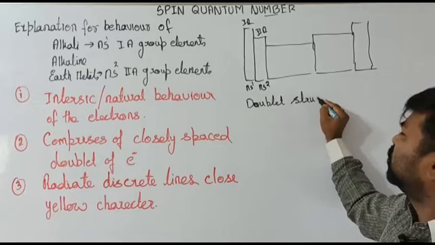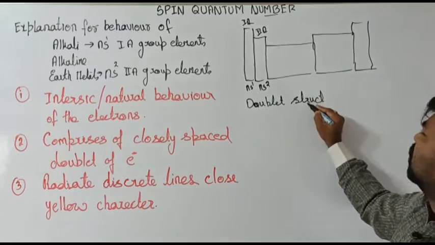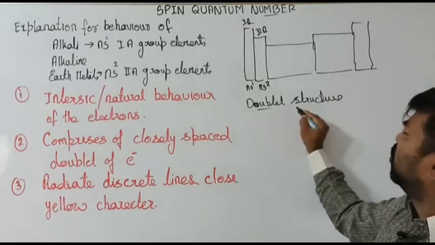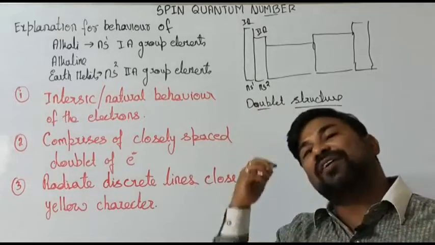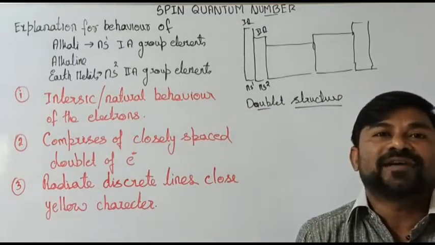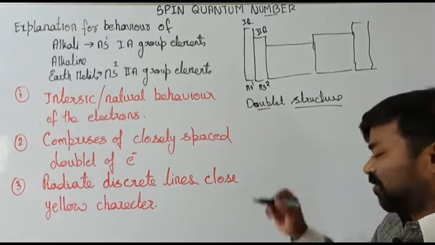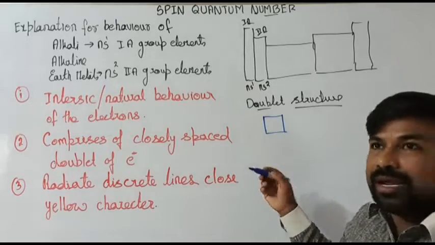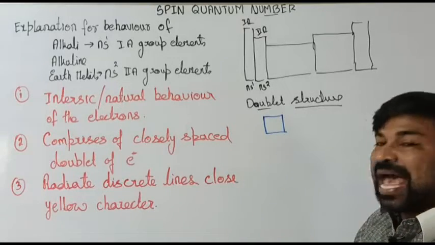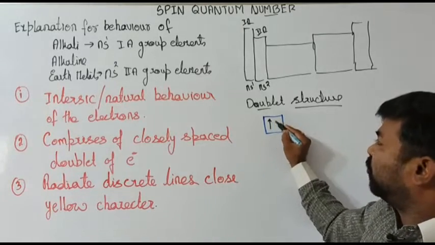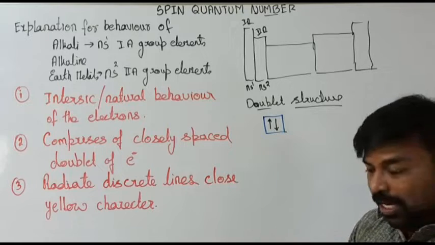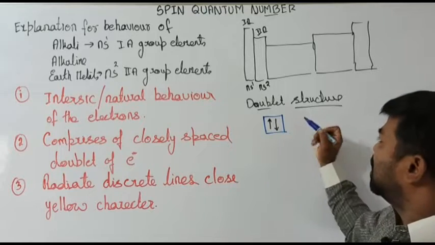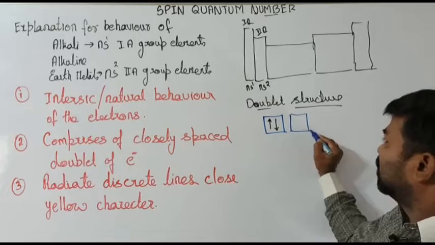Any structure having a half integral value, let me go for an example of an orbital having an upward direction and also a downward direction, something like this.